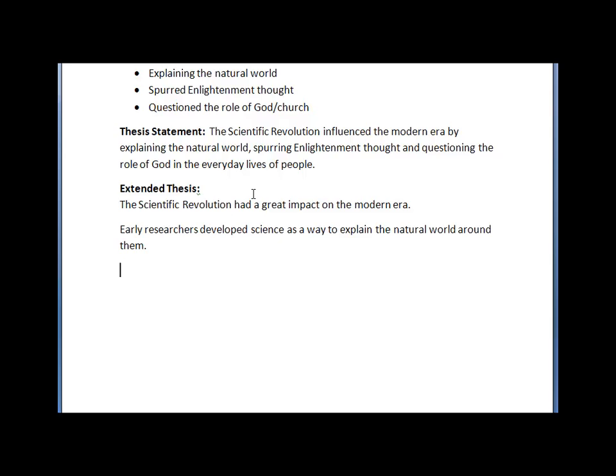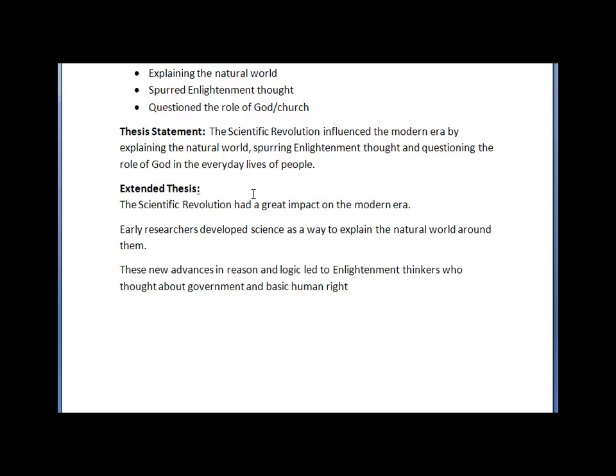Instead of just spurred Enlightenment thought, I probably have something like, these new advances in reason and logic, because I know that was the important thing these guys were using, led to Enlightenment thinkers who thought about government and basic human rights.